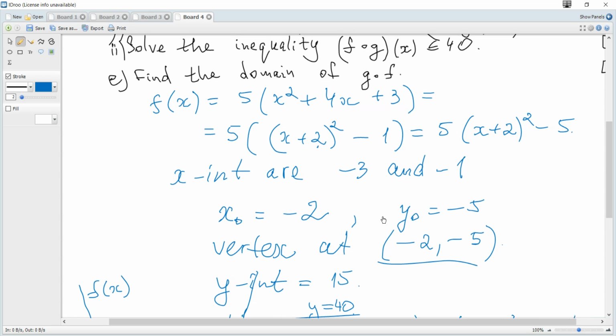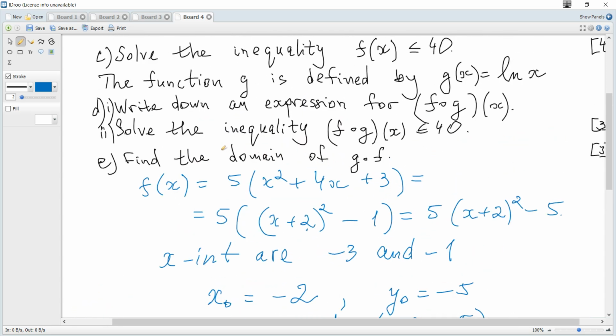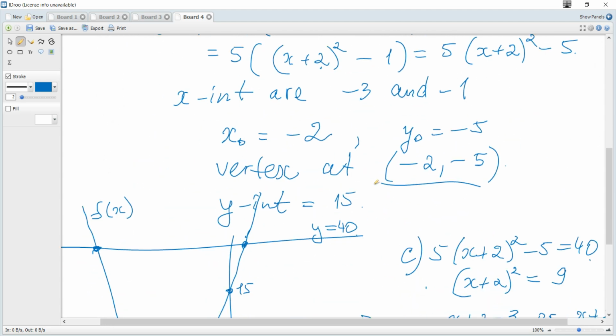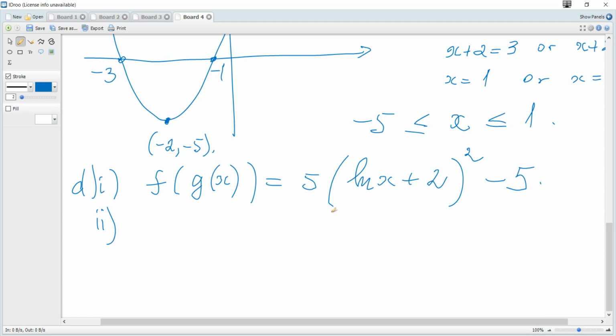The next, solve the inequality f of g of x is less or equal than 40. You can see that it looks like the answer for f of x less or equal than 40. It's for x greater or equal than -5 and less or equal than 1.